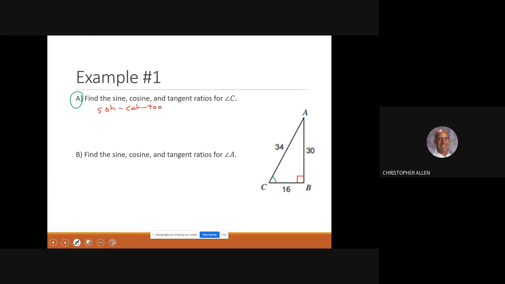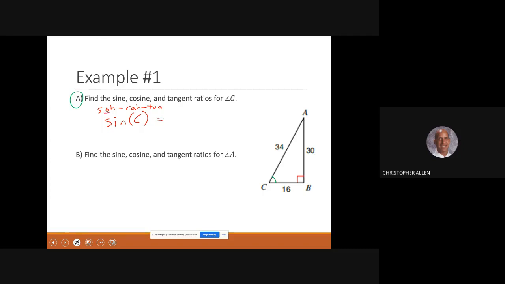So I want to find the sine of angle C. Typically, guys, I don't mind if you write it this way or if you just say it this way. The sine of C. If you want to put the angle symbol in there, you can, or just sine C, that's fine. Now, what does sine mean?